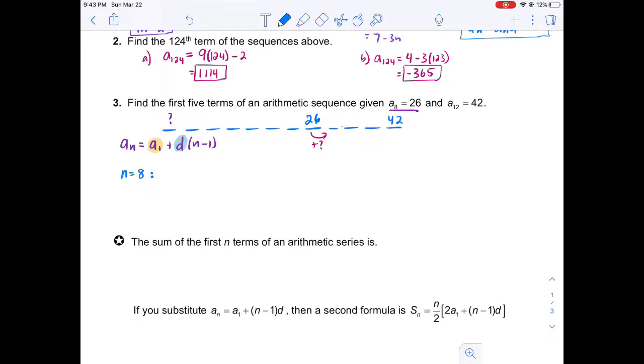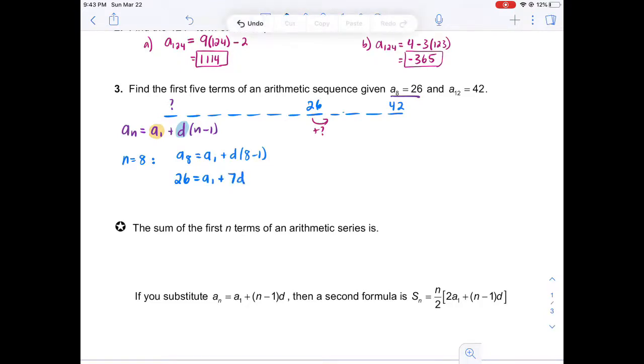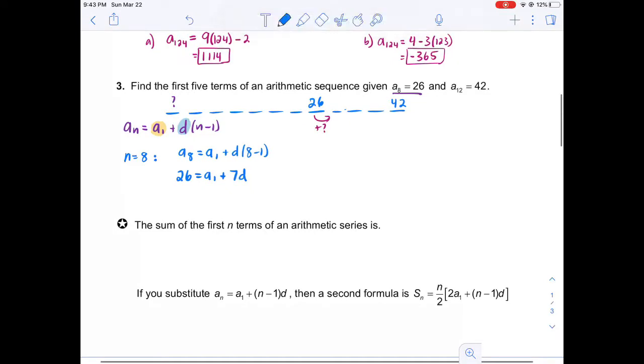that A8 is equal to A1 plus D times 8 minus 1. Now, I know here that A8 is 26, so that means 26 is equal to A1. And then 8 minus 1 is 7, so we can write this as plus 7D. So that gives us some equation to work with. Now I want you to start thinking of a system.